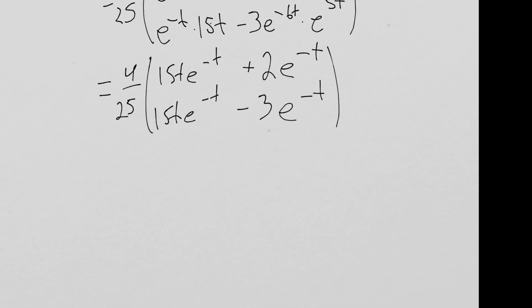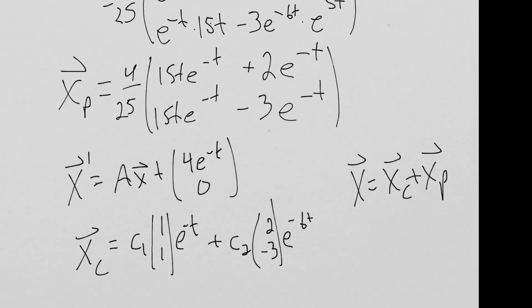Now, it's kind of crazy how this worked out. Think about it. I wrote a bunch of stuff here. Here's my xp. Here's my xc. Here's the problem we're solving. X prime equals ax plus this thing, right? Remember, the c solution, the solution that has my c's in it, has an e to the negative t in it. So does my forcing term.